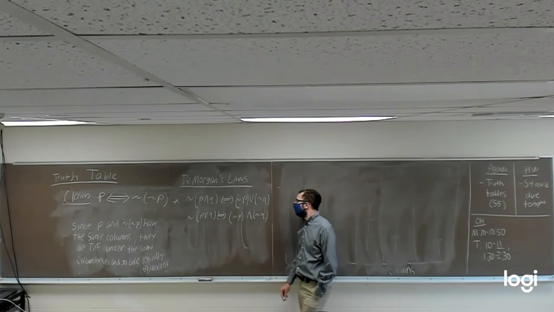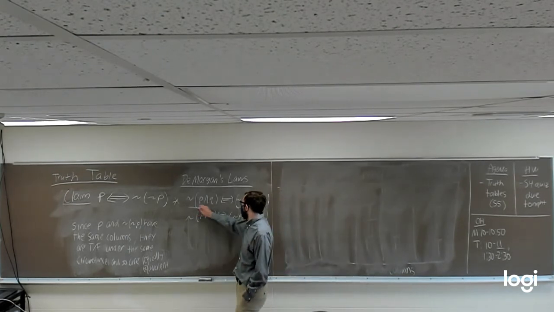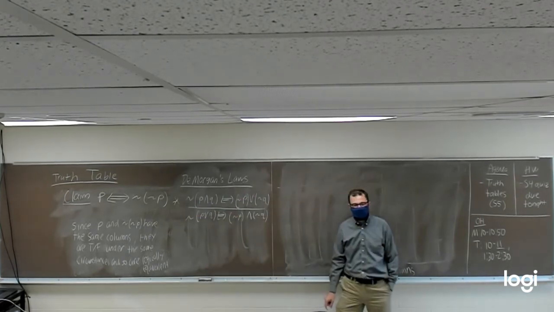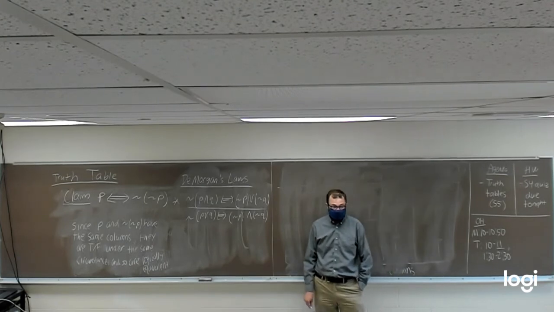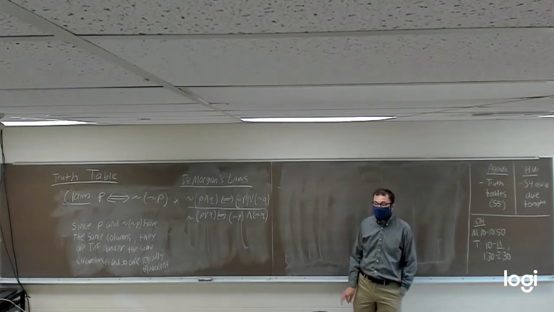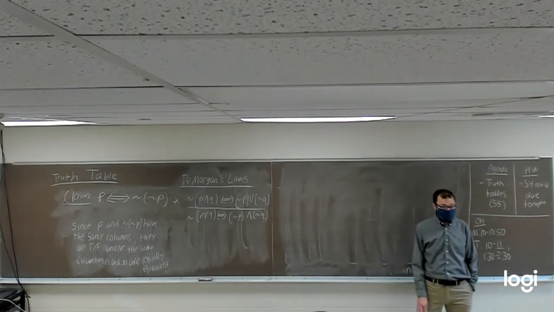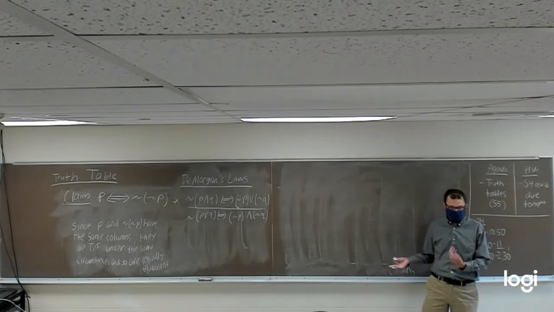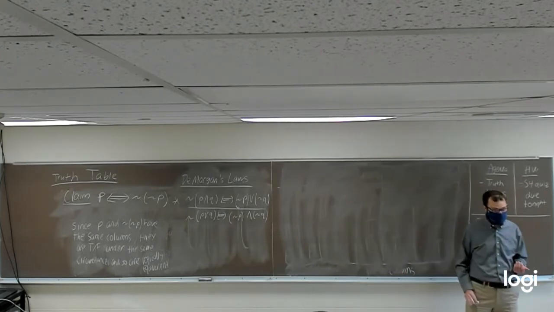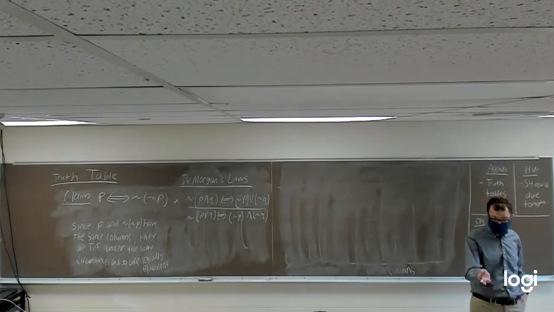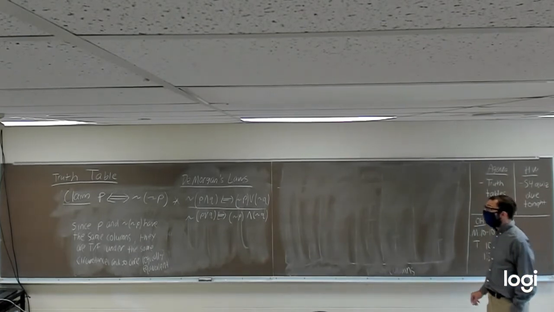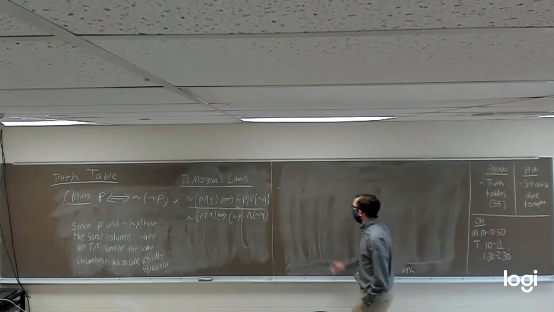So to start off, what do we need as far as default columns for proving this one? Columns that aren't based on any other column, but ones that we need to start with to kick things off. Yeah, we're going to need a column for P and a column for Q.